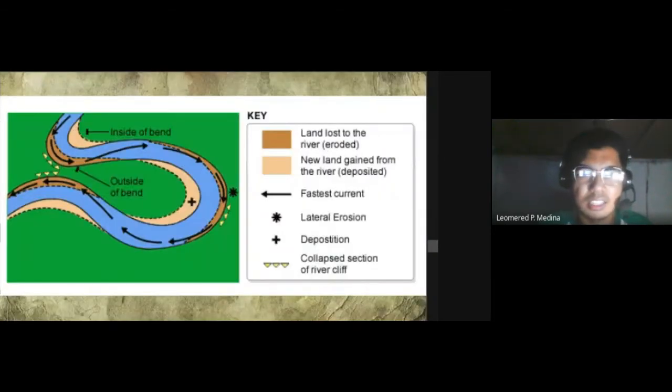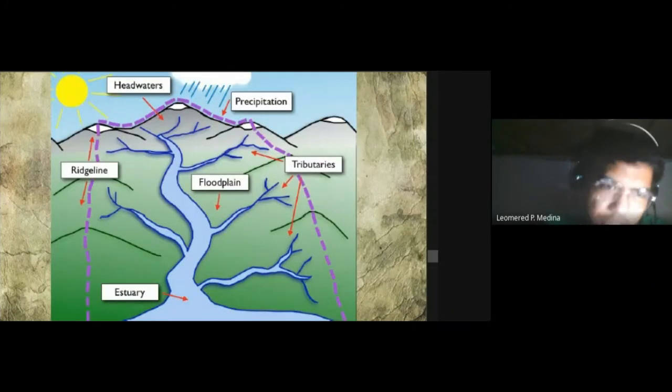Then these are just some examples of deposition, where different sediments will simply be deposited in different areas of a river, for instance. Okay, so that's actually one of the reasons why exogenic processes can happen in different areas, in different locations, depending upon the different factors that are available in this area.